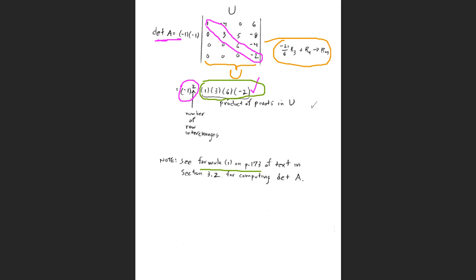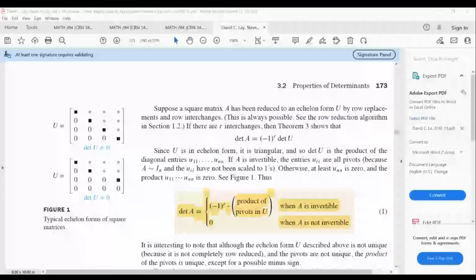All right, so are there any questions on that? Okay. So you see, this is now a formula for finding the determinant of a matrix A. Get the matrix in echelon form.